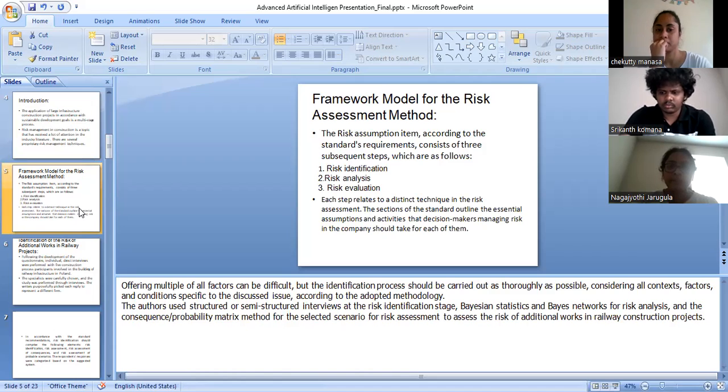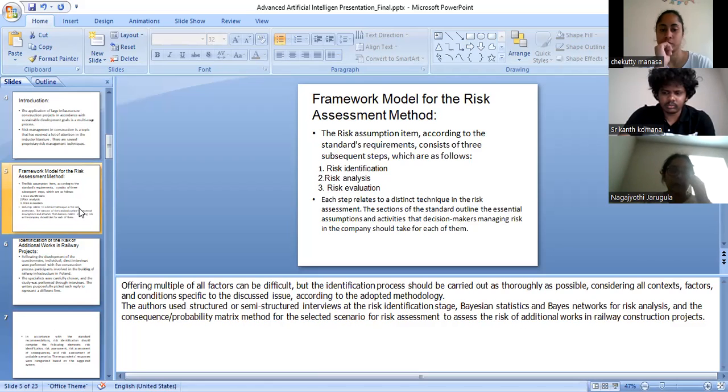Next one is the framework model for the risk assessment methods. The risk assessment according to the standard requirements consists of three sequential steps. First one is risk identification, second one is risk analysis, and last one is risk evaluation.